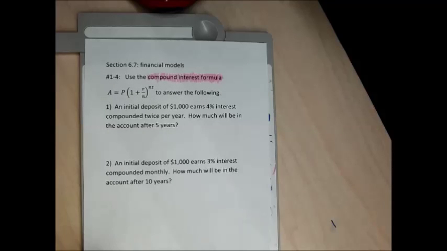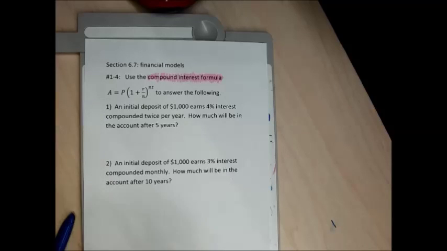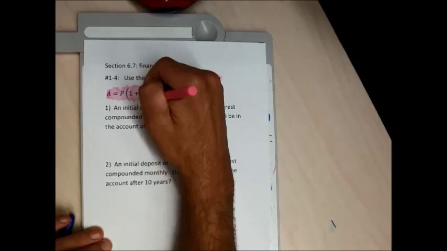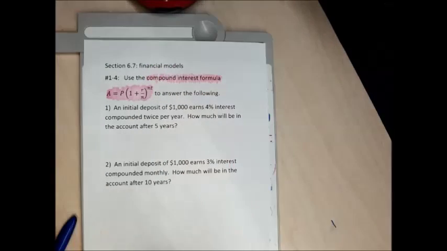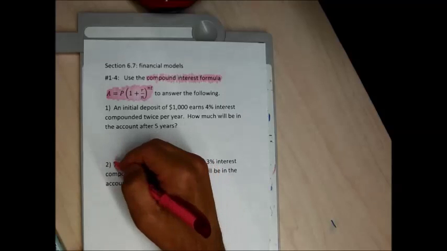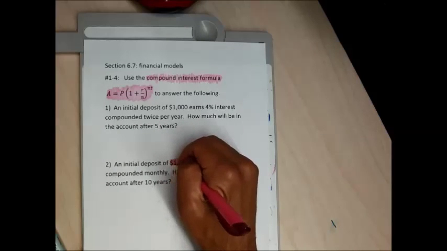So if I look at number 1, because it tells me in this group of problems that I have to use this formula, to solve a problem with the compound interest formula, I need to read through the problem and figure out what each number means, or what each word means if there's a word that triggers a number. And as I read through this problem, number 2, it says an initial deposit of $1,000.